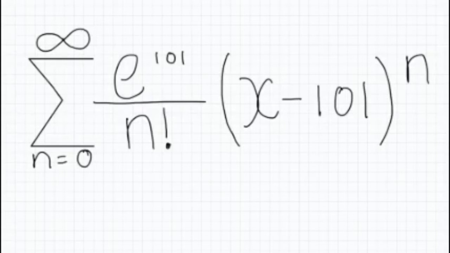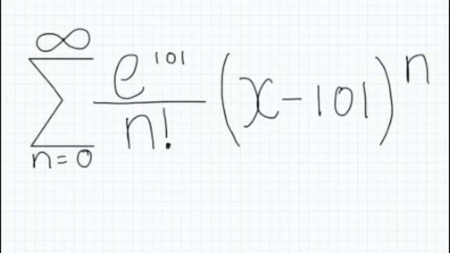Realistically, we want to model a function like e to the x with something that our computer can work with more simply. Obviously, e to the 101 is not very simple for our computer to work with. So realistically, expanding this Taylor series around x equals 0, which is the Maclaurin series, would make a lot more sense.